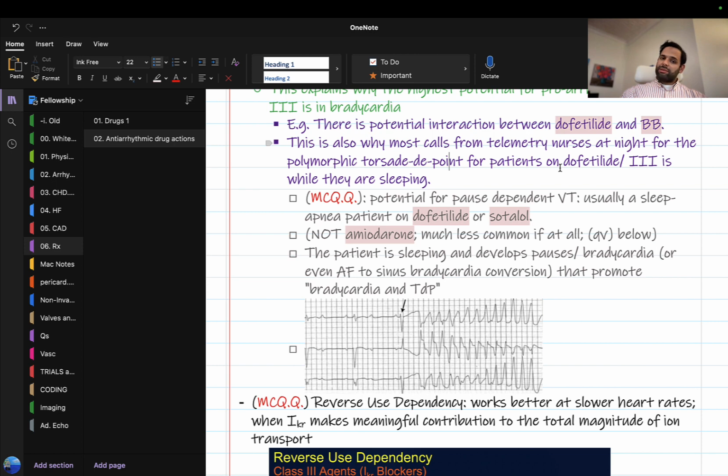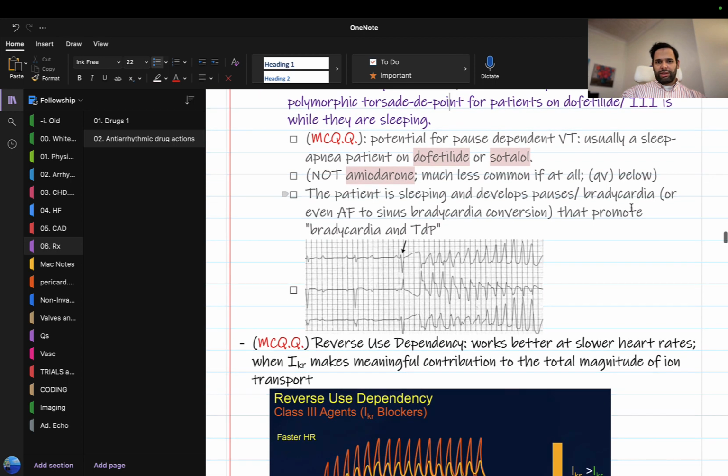The patient has been sleeping and is asymptomatic, but the nurse freaks out and calls you. This is a potential pause-dependent VT, usually in a sleep apnea patient on dofetilide or sotalol, or on an AV node blocking agent or an agent that slows the heart rate. Note that amiodarone is much less likely, if at all, to cause this because it has multiple effects. We'll talk about that in a bit below.